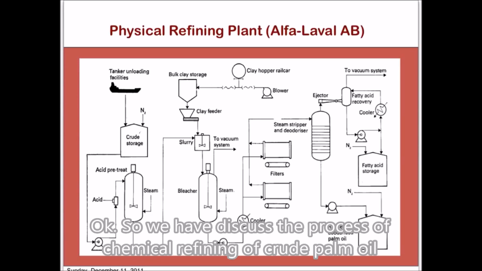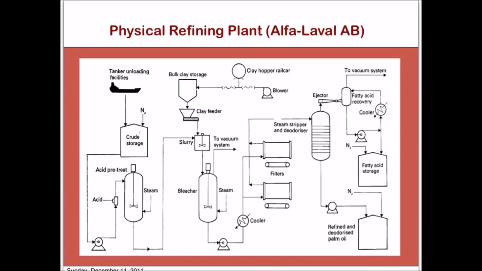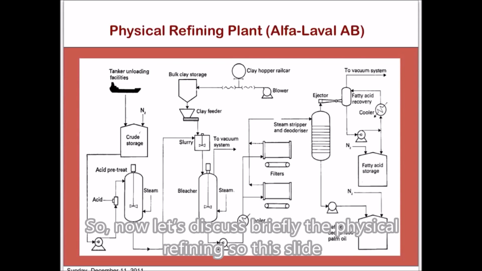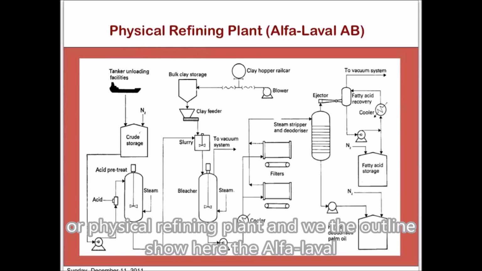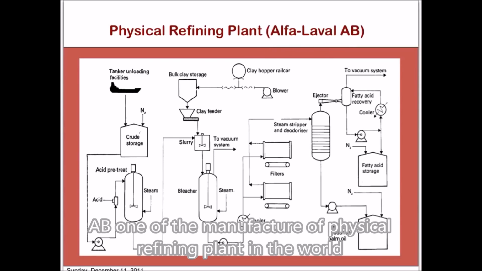Okay, so far we have discussed the process of chemical refining of crude palm oil. Now let's discuss briefly the physical refining. On this slide is the outline of the process of a physical refining plant, and the outline shown here is for Alfa Laval AB, which is one of the major manufacturers of physical refining plants in the world.